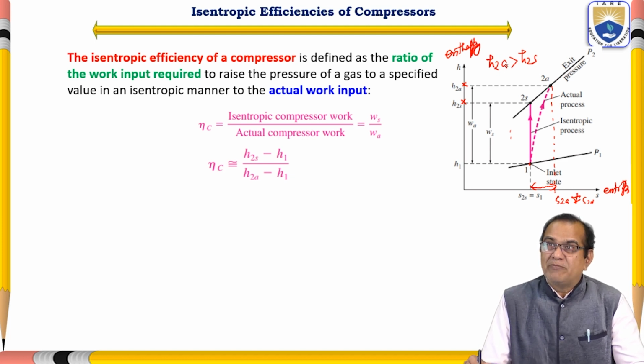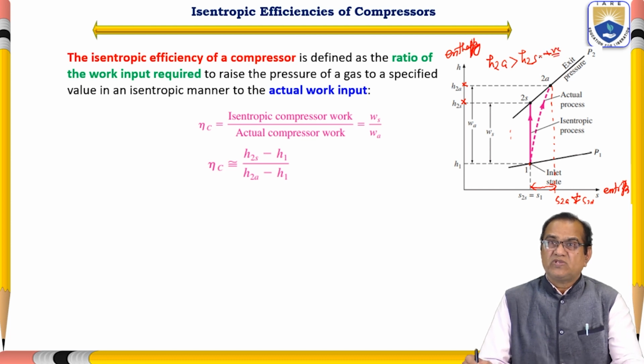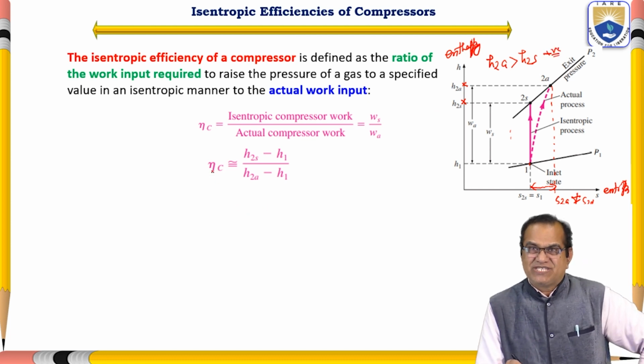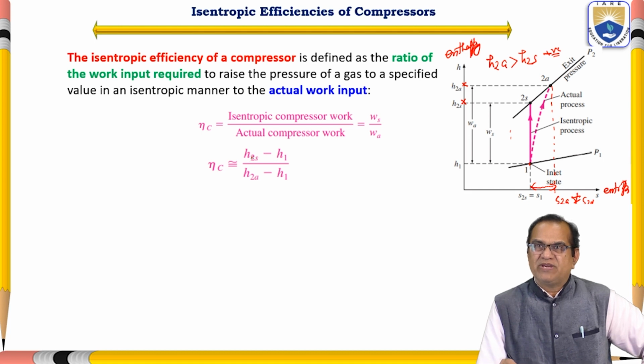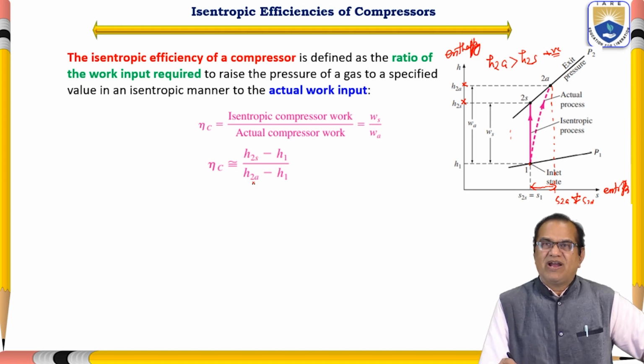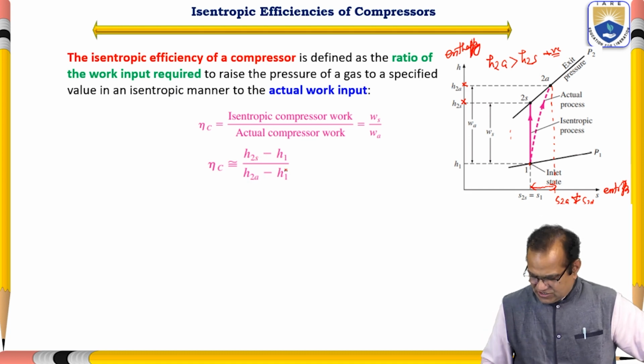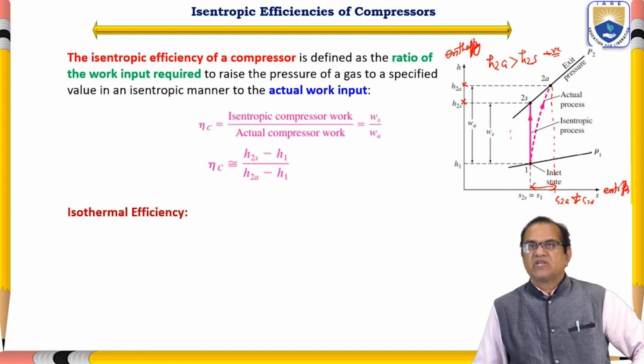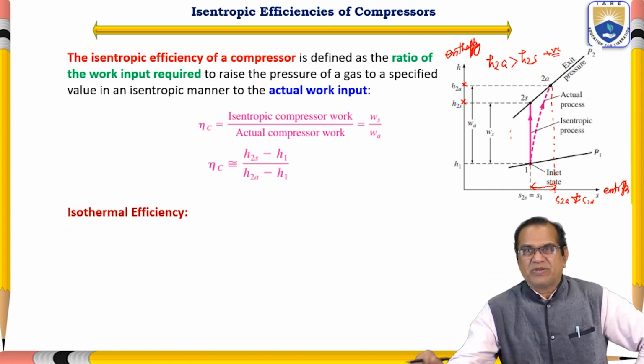So H2a minus H2s will be some positive number. So the efficiency of this compressor will be H2s minus H1 divided by H2a minus H1. So this is the isentropic efficiency.